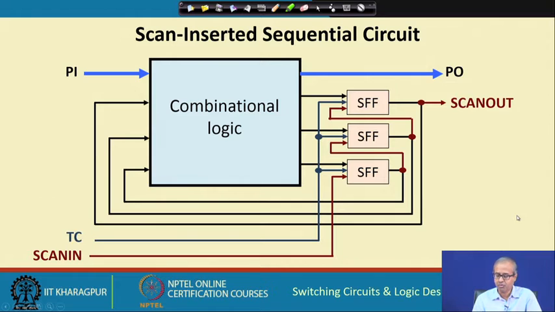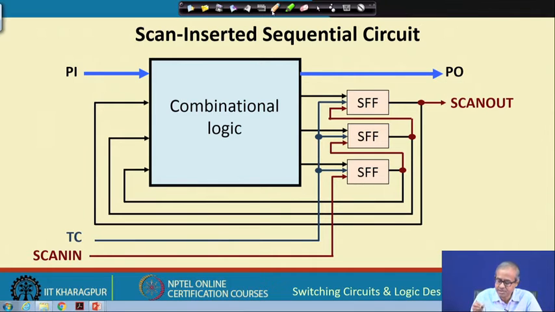Okay. Now, how do I modify our circuit? In the combinational circuit, the normal flip flops were there. So, we have replaced the flip flops by scan flip flops. You see, the output of the combinational logic was going to the input of the flip flops. So, these lines remain as they are. They go to the D input of the scan flip flop.